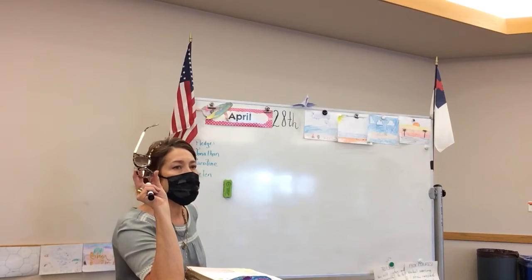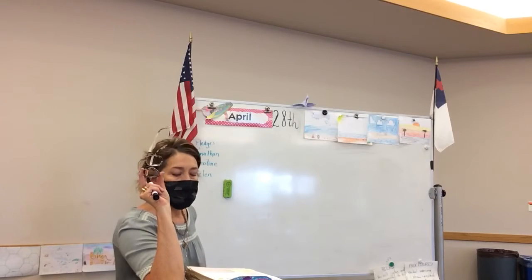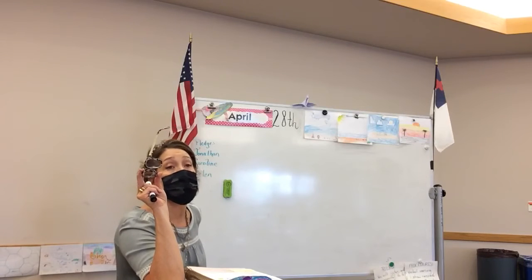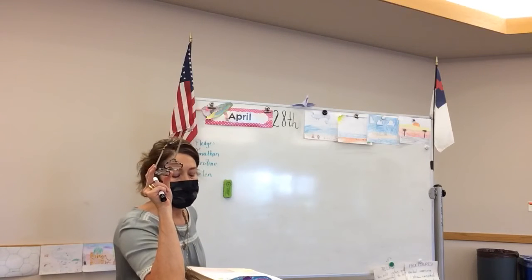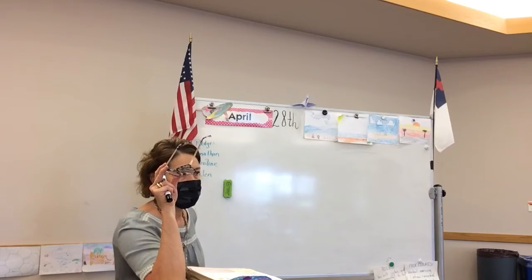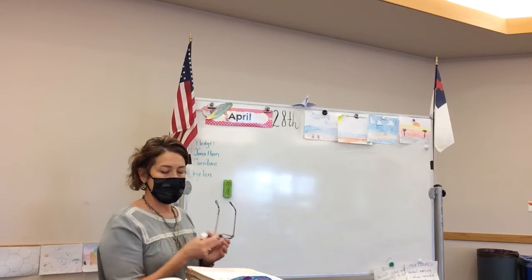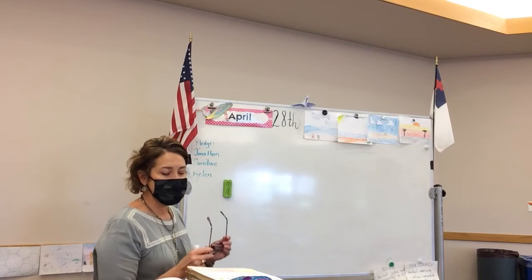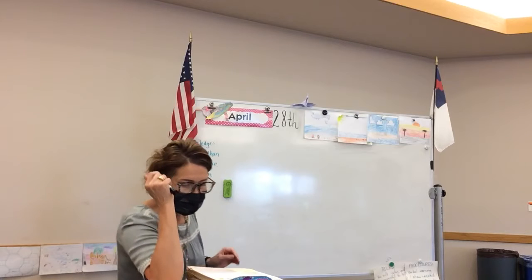Remember, the whole number is represented by the fractions that are completely filled in. 2. There you go. 2. Very good. So 2 is our whole number. What is the fraction, and let's start with the denominator. What is our denominator going to be, friends?